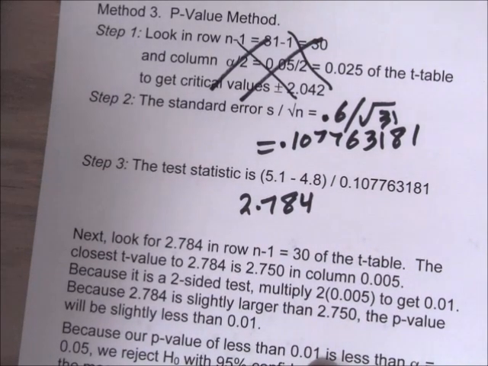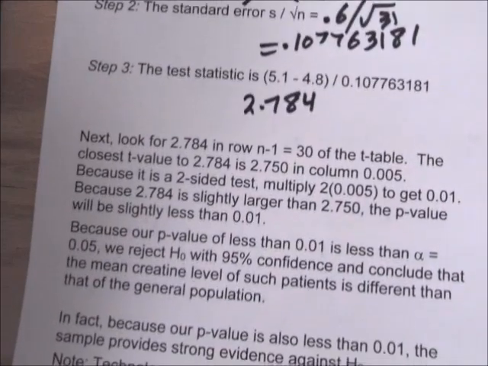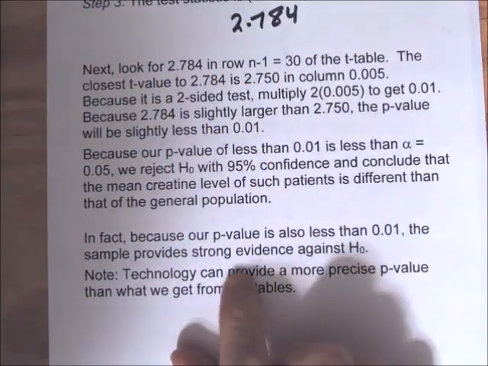Because 0.01 is less than 0.05, which is alpha, we again reject H0 with 95% confidence and conclude the mean glucose level of such patients is different than that of the general population. We can also go a little bit further than that.